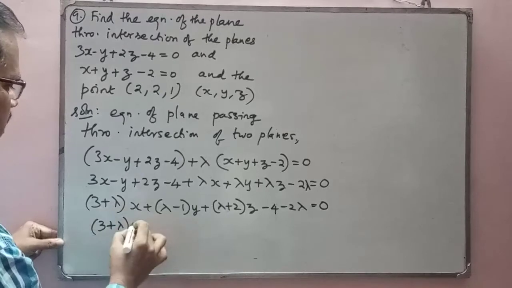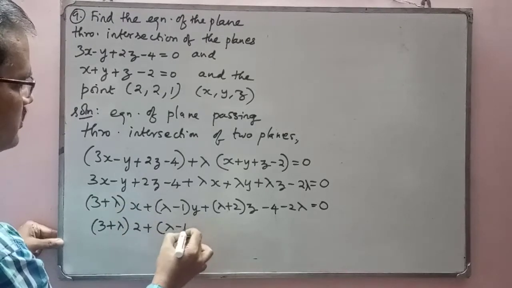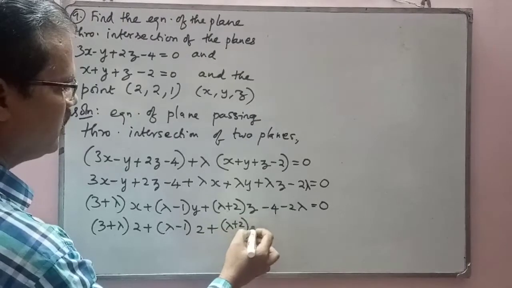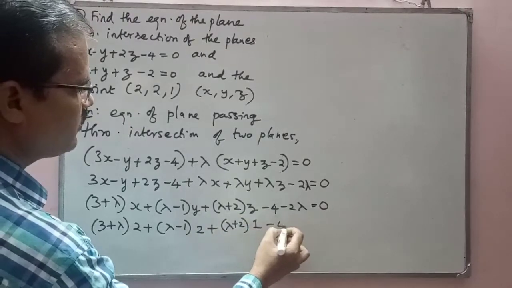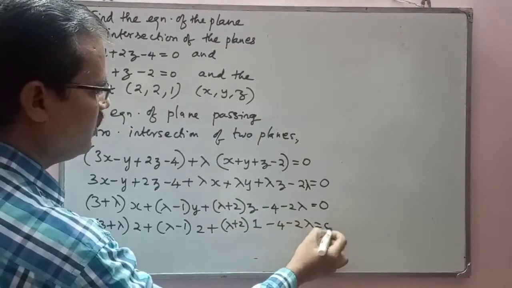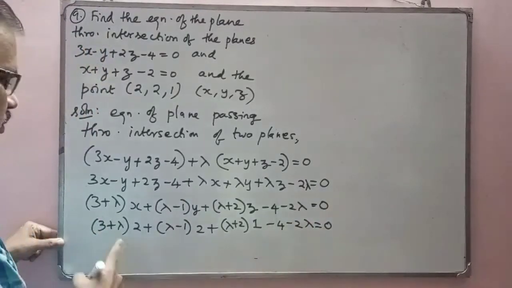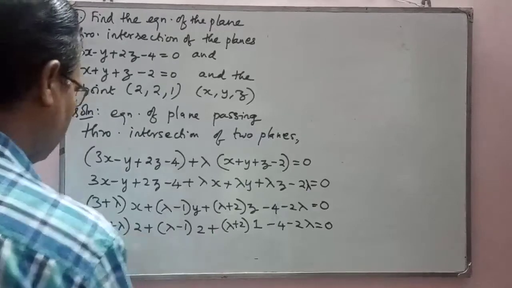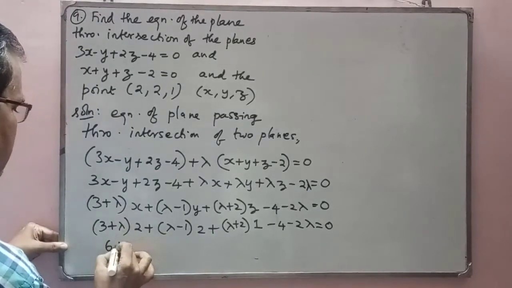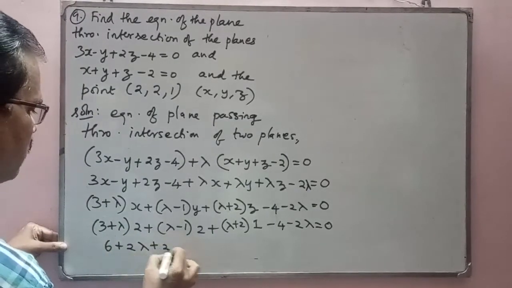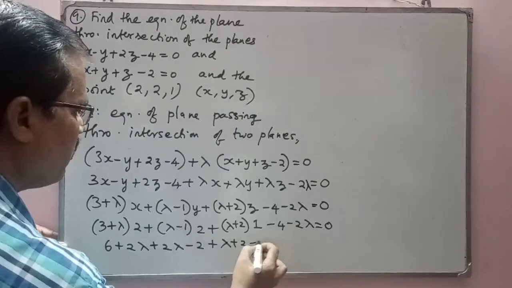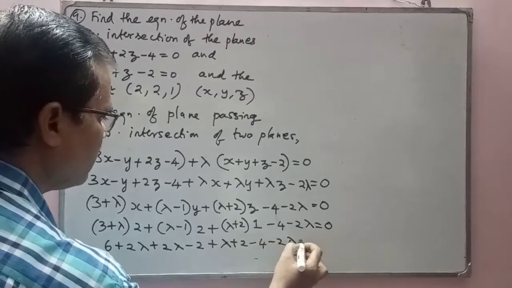So (3 plus lambda) into 2, plus (lambda minus 1) into 2, plus (lambda plus 2) into 1, minus 4 minus 2 lambda equals 0. Now you see this is an equation with only lambda. If you solve this, we will get lambda. So we'll take 2 inside: 6 plus 2 lambda plus 2 lambda minus 2 plus lambda plus 2 minus 4 minus 2 lambda equals 0.